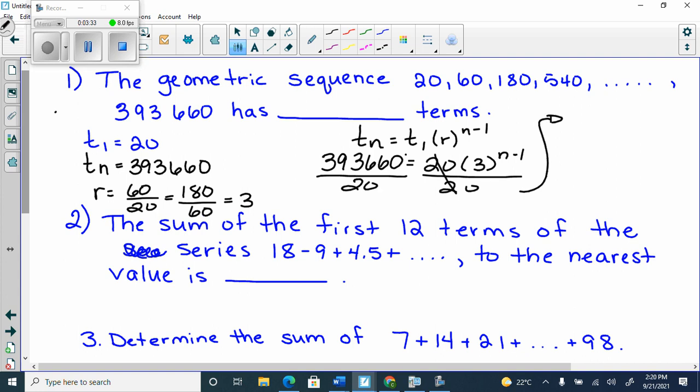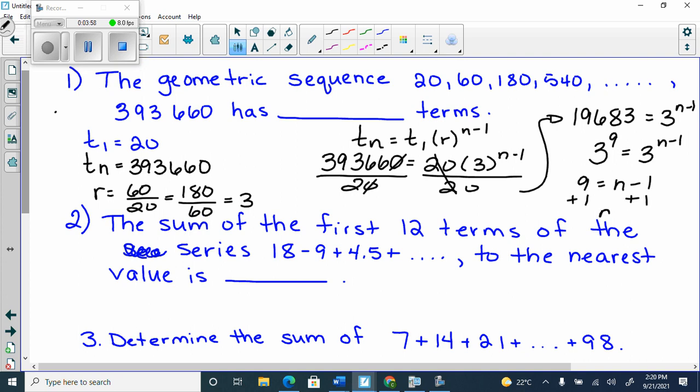And so I get what? 19,683 equals 3 to the n minus 1. 3 to the what is 19,683? 3 to the 9. And then I say 9 equals n minus 1. Add 1, so n equals 10.